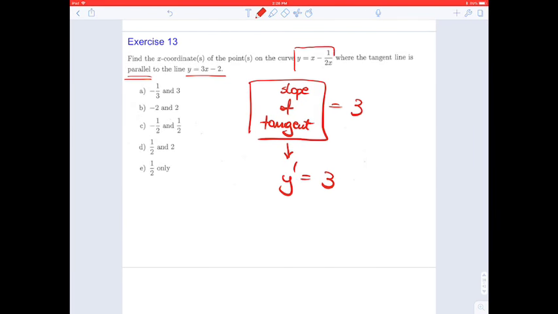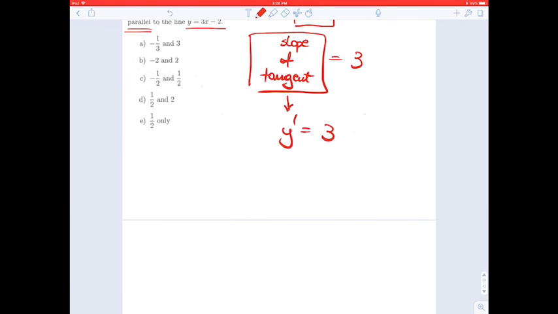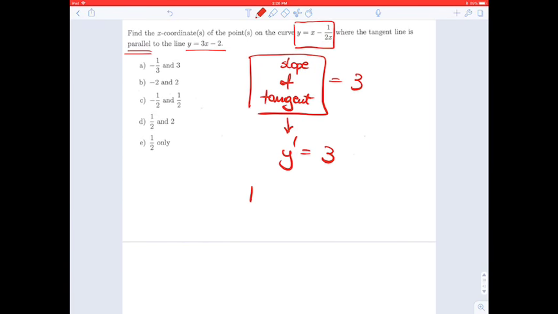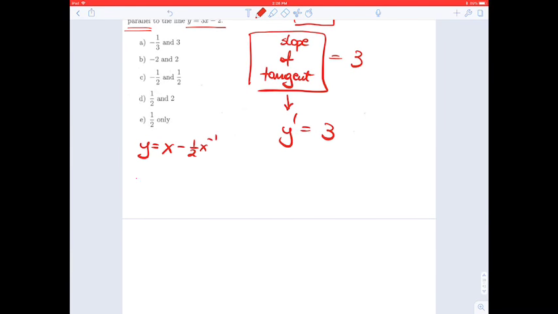Let's take this function and find the derivative. Derivative of x is 1, and the derivative of 1 over 2x, let's maybe do on the side, and then I will come back. That means my function is defined as x minus half x to the negative 1. Derivative of x is 1 again.